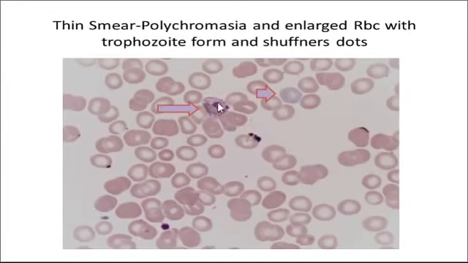And then in this RBC we can actually see numerous tiny dots. These are known as the Schüffner's dots. And also you can see the chromatin dot a little more enlarged, and also the bluish gray cytoplasm of the parasite. You can see it has increased from the ring stage to a larger enlarged form.